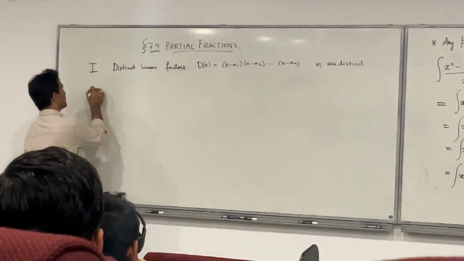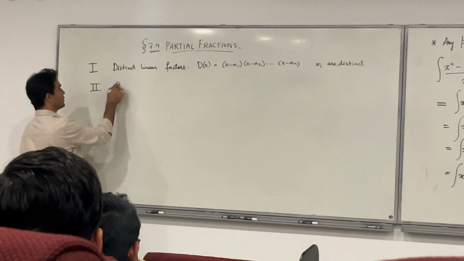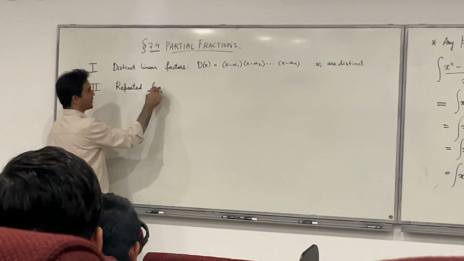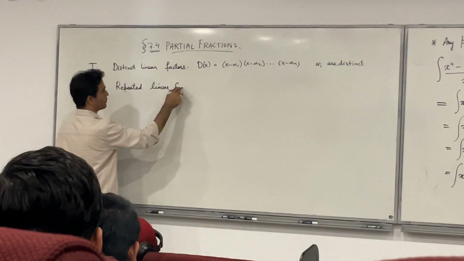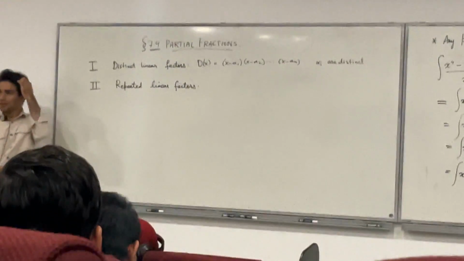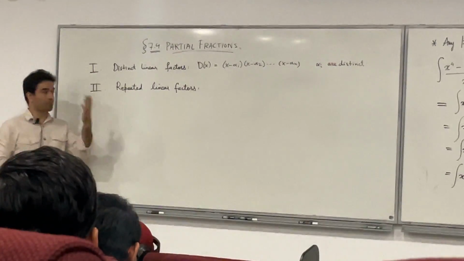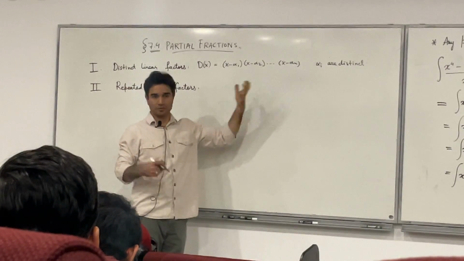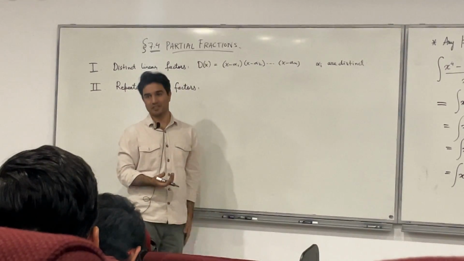The second case is repeated linear factors. And here what happens is some of the roots are the same. You have some linear factors, but some of them are the same.